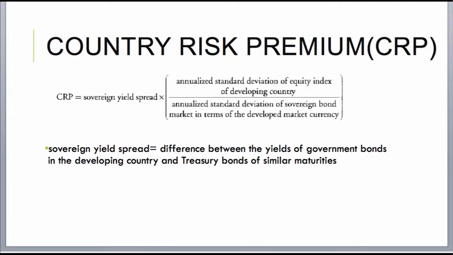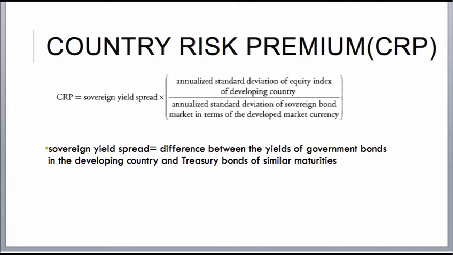First of all, the general risk of the developing country is reflected in its sovereign yield spread, which refers to the yield differences between the developing country's government bonds and the treasury bonds of similar maturities. The treasury bonds, as we know, are the US government's issued bonds, right?